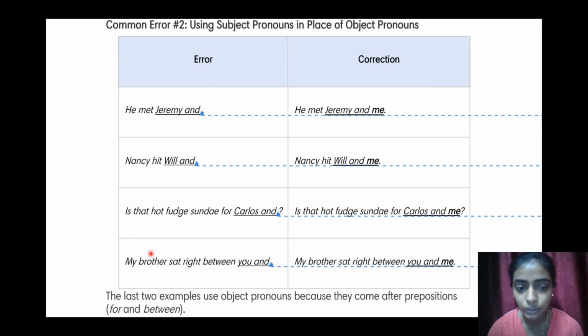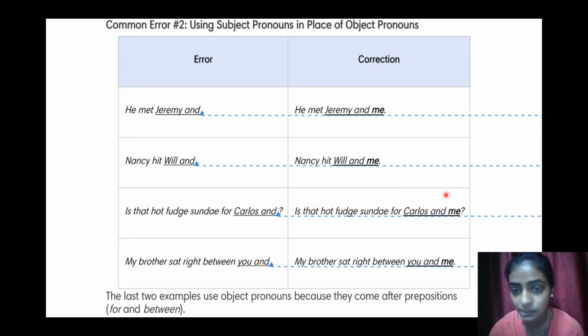Now if you look at the last two examples, they use object pronouns because they came after prepositions. "Is that hot fudge sundae for Carlos and me?" "My brother sat right between you and me." So it is coming after a preposition, and here it's an object pronoun.